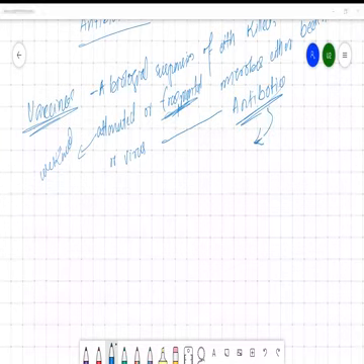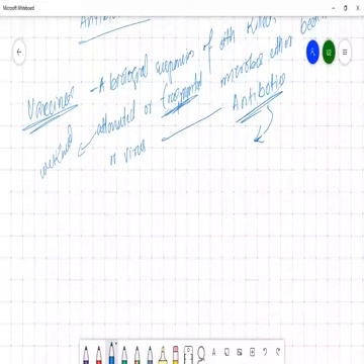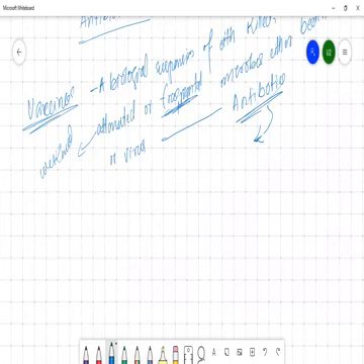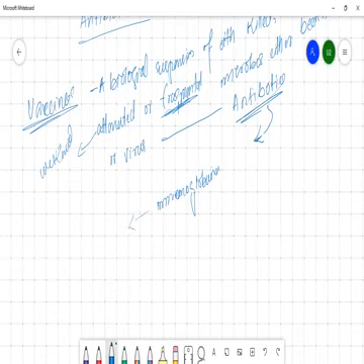You should write it. So antibodies, also known as immunoglobulin, which works in immunity against foreign material. So technically we say these are antibodies.